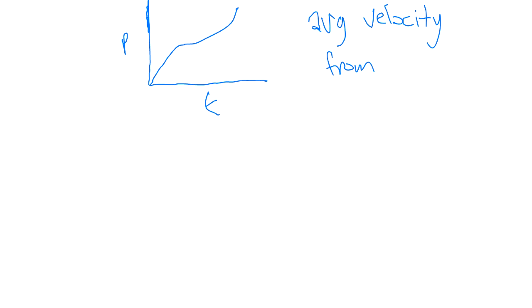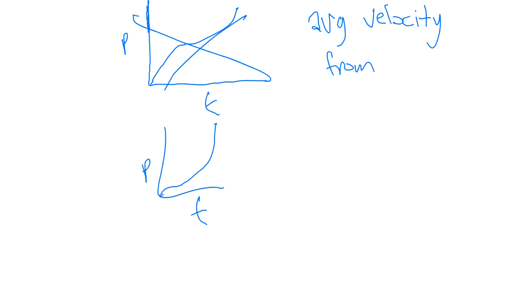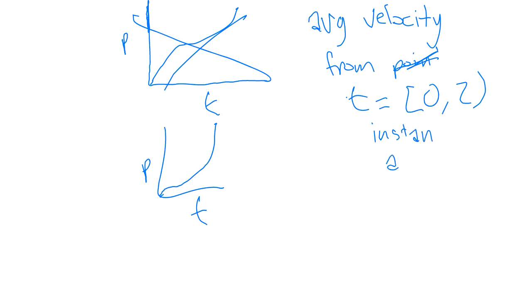All right, average velocity for t in between 0 and 2, and then our instantaneous velocity at t equals 1.